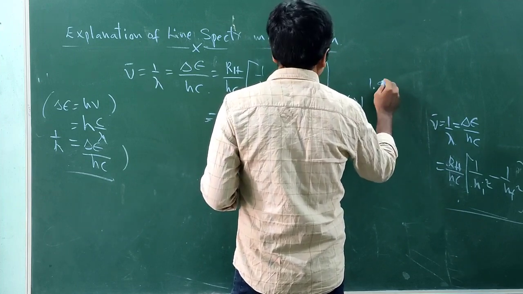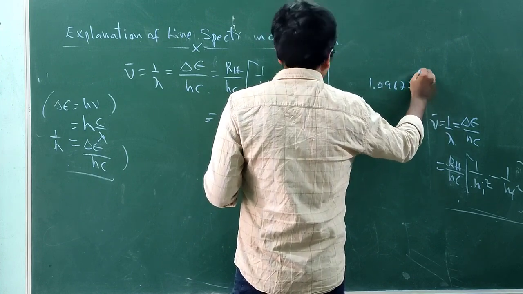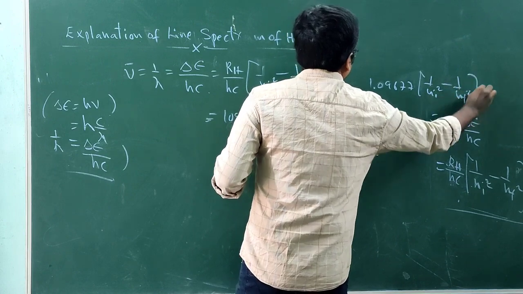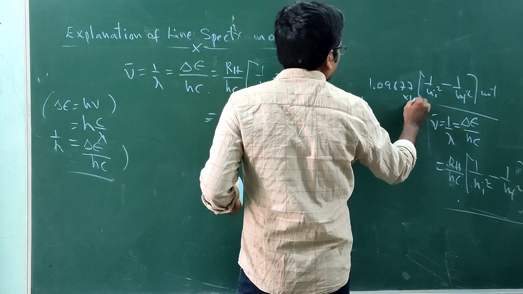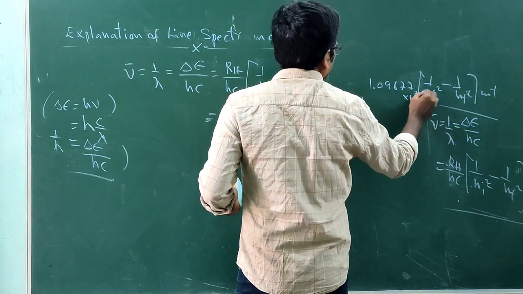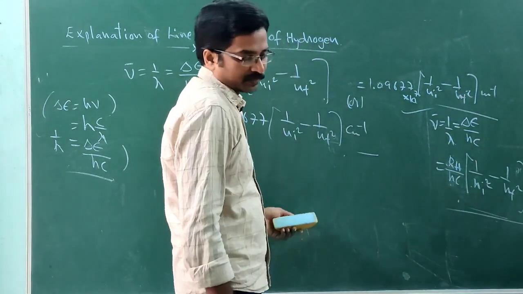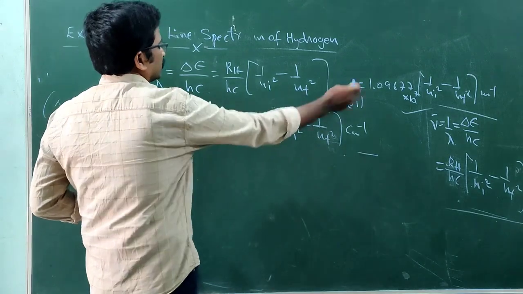This is also correct. 1.09677 into 10 to the power of 7 into 1 by Ni square minus 1 by Nf square meter inverse. This value is also correct. Okay, you may choose this one or this one, no problem.